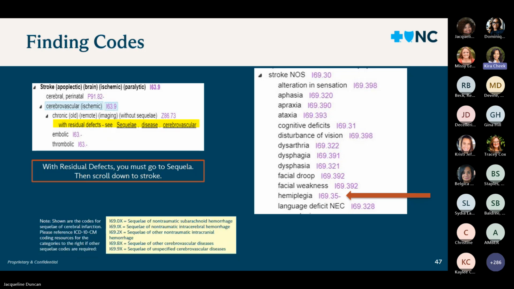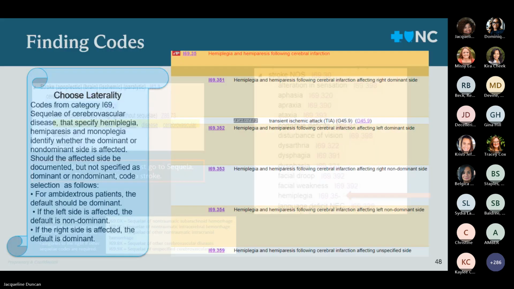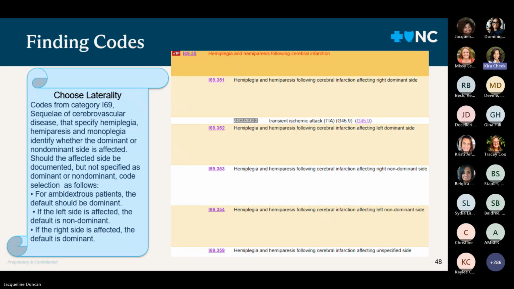Please reference ICD-10-CM coding resources for the categories listed in the yellow box if the sequela was caused by hemorrhagic strokes or cerebrovascular disease where an infarction has not occurred. Once you've chosen hemiplegia, now you need laterality, and you must code whether the dominant or non-dominant side is affected.